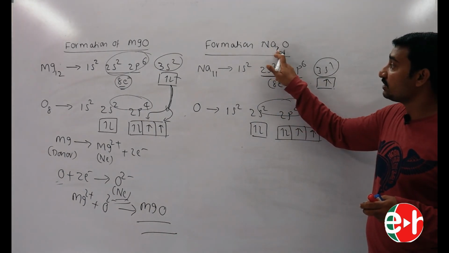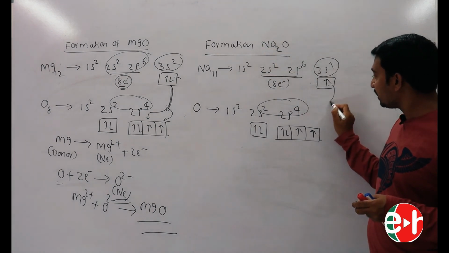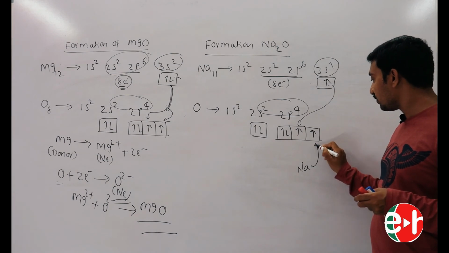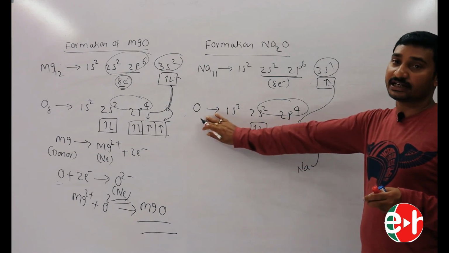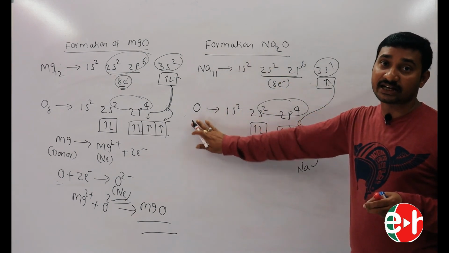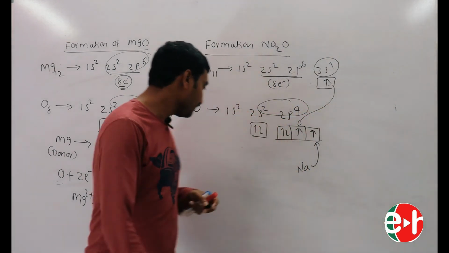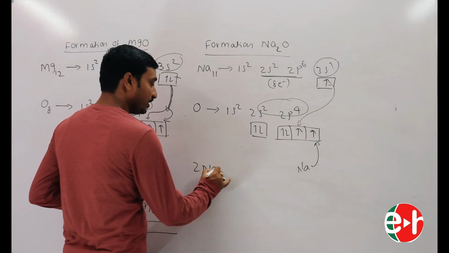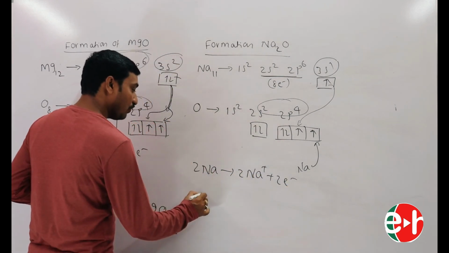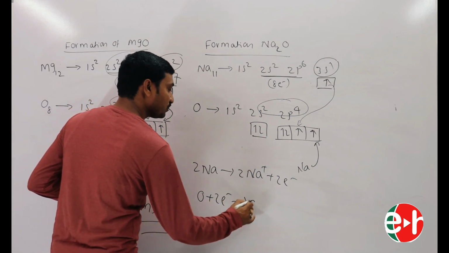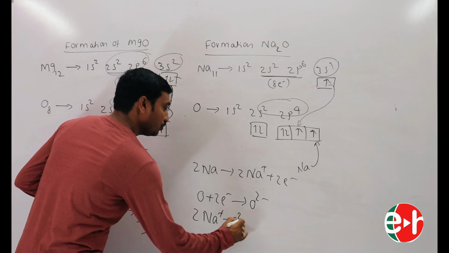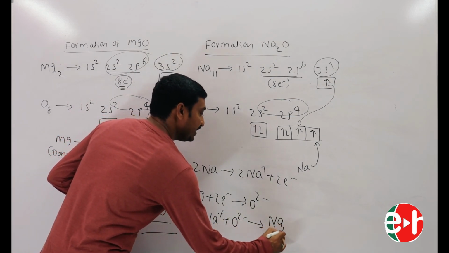So 2 sodiums are present. One sodium donates 1 electron, and another sodium donates 1 electron to the oxygen atom. So 2 sodium atoms donate 2 electrons to 1 oxygen atom. Now 2 Na gives rise to 2 Na plus and 2 electrons. Now oxygen accepts 2 electrons and forms O2 minus, and finally 2 Na plus and O2 minus give rise to Na2O.